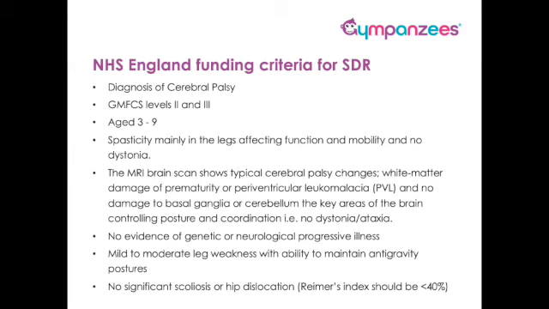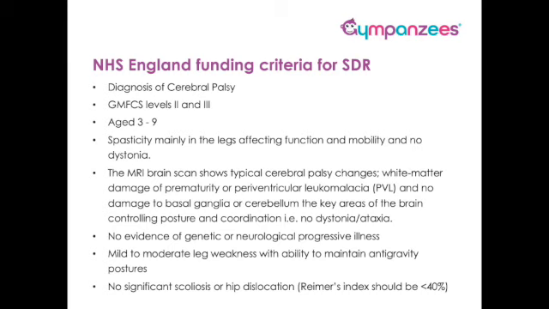They must have a diagnosis of cerebral palsy and be GMFCS level 2 or 3. They'll be aged between 3 and 9, and that goes all the way up to the day before their 10th birthday. Spasticity must be mainly in the legs, affecting function and mobility, and there must be no dystonia.